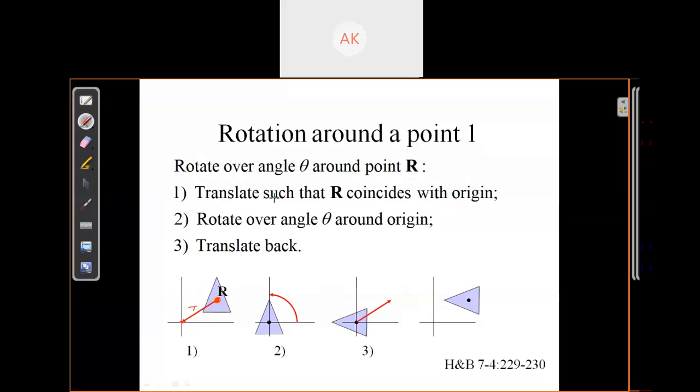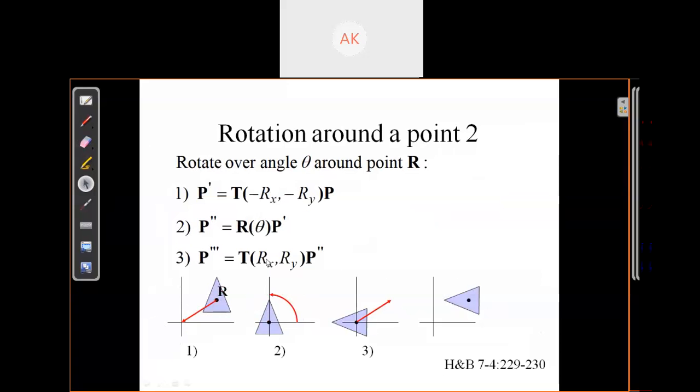So in this way we translate the object so that the rotational point is the origin, then rotate your object by the required rotational angle. After rotating, you shift it back to your original position, so you will get this position. You can see this formula you will apply.